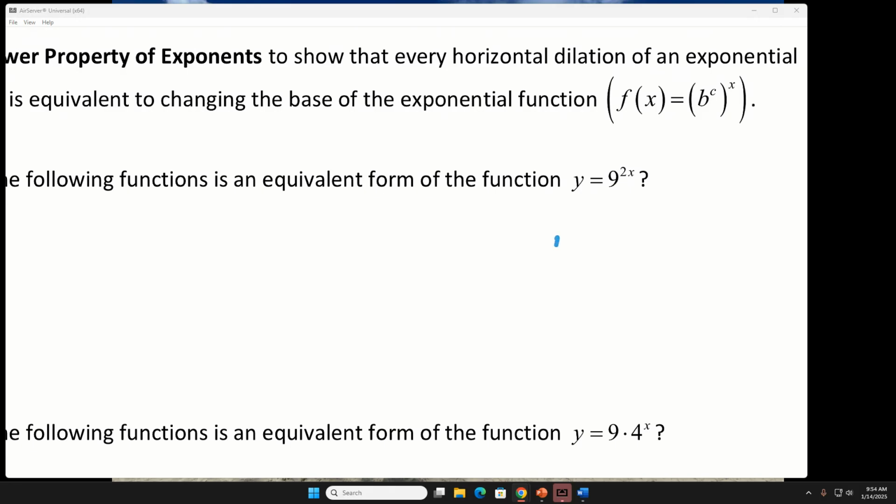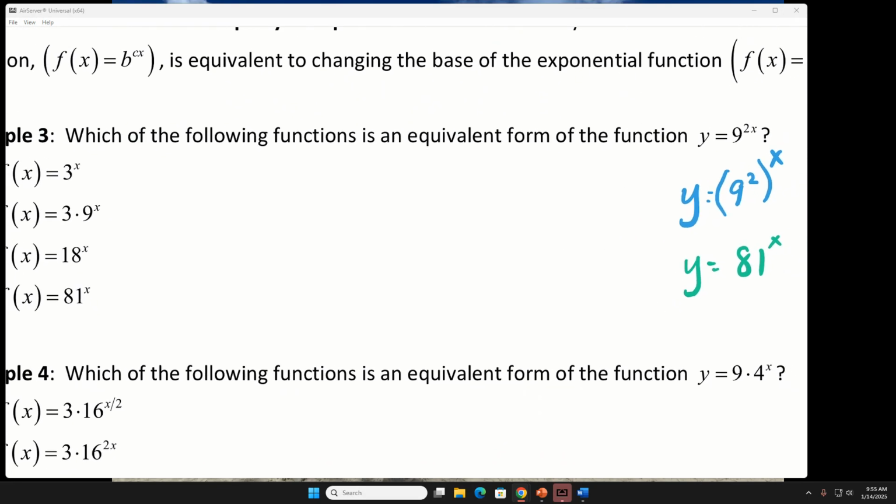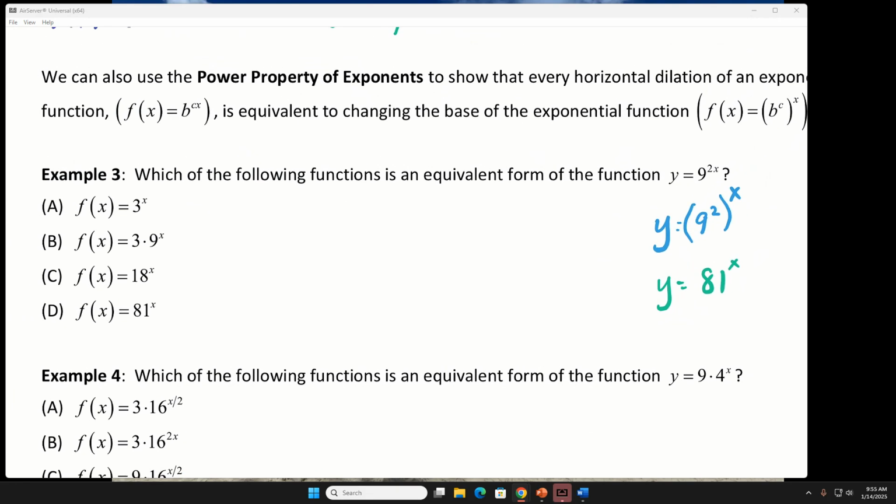And so if I have 9 raised to the 2x, I can rewrite that as 9 squared raised to the x, because the power property tells you if you have a power raised to a power, you just multiply those together, which is what we would get. So we're just using that one backwards. And then what is 9 squared? Yeah, so that 9 squared just becomes 81, and the whole base changes to something else. So that's going to be choice D.